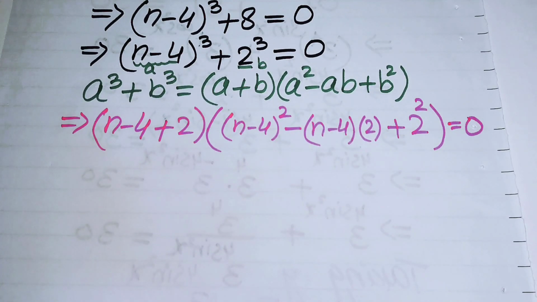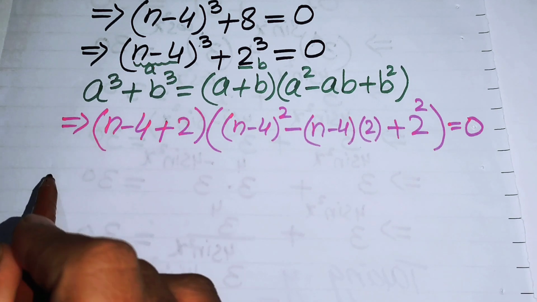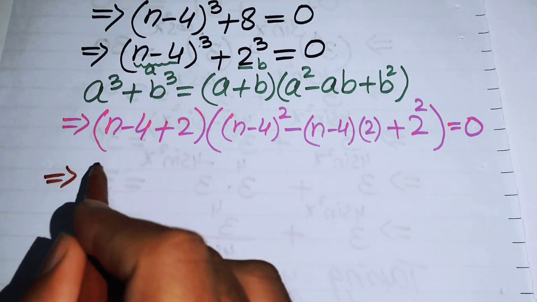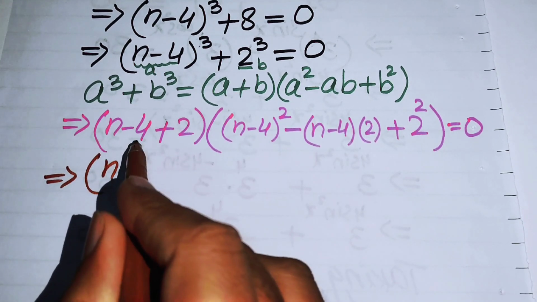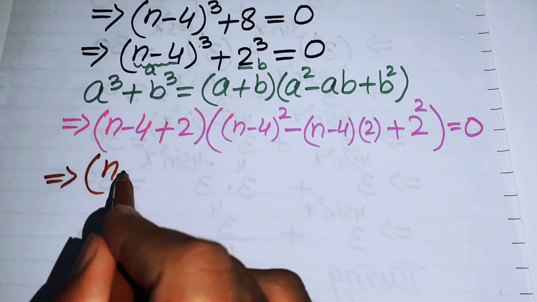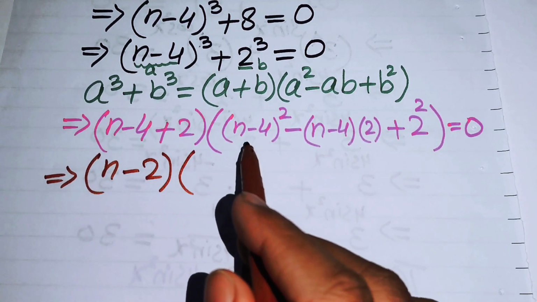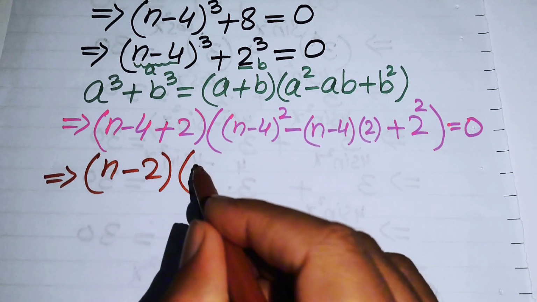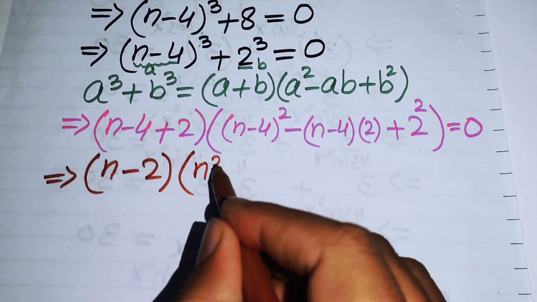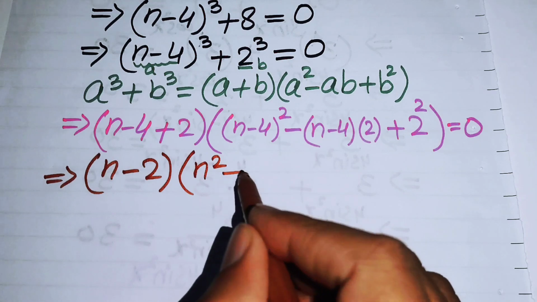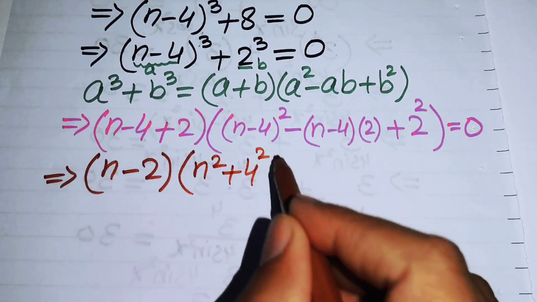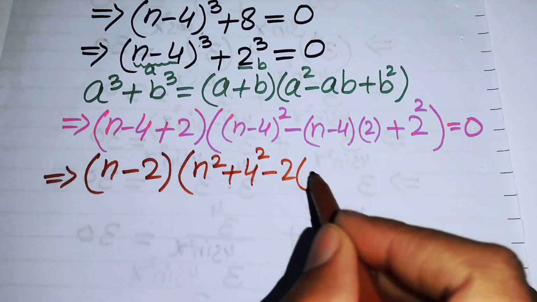So in the next step we will make a little bit of simplification. Here you obtain n minus 4 plus 2 equals n minus 2, and here we open this nice square identity, and you know that it equals a squared, or n squared, plus b squared minus 2 times ab.